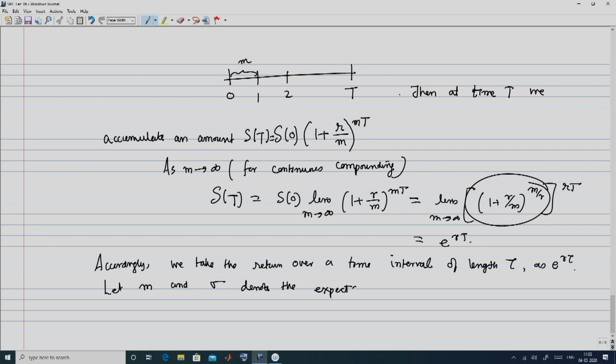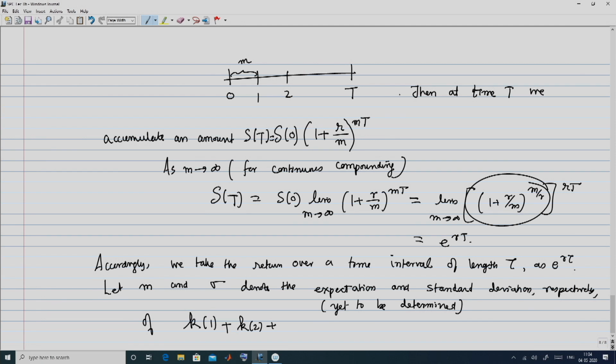Okay, so let m and sigma denote the expectation and standard deviation respectively, and these are yet to be determined. Remember, at this point we do not know what m and sigma are. So, these are the expectation and standard deviation respectively of the random variable k1 plus k2 all the way to kn.